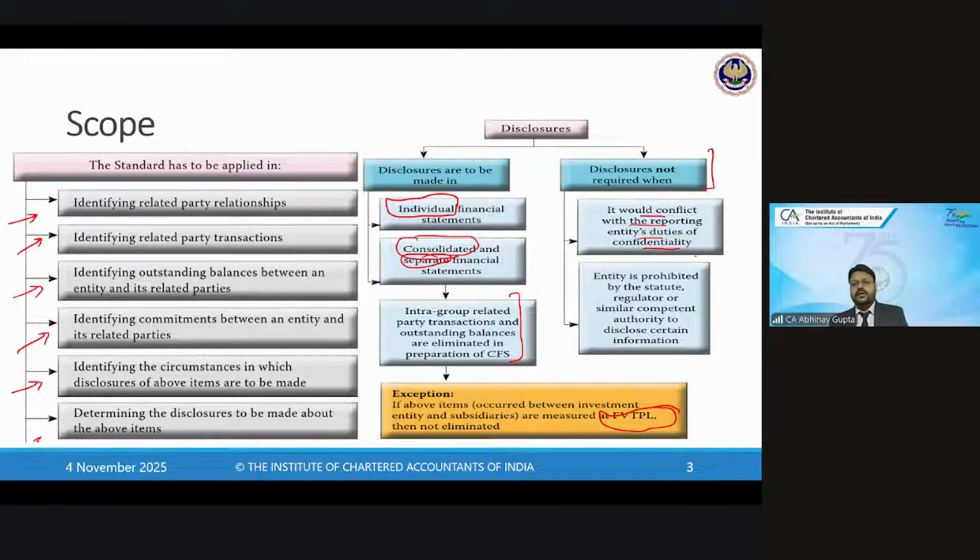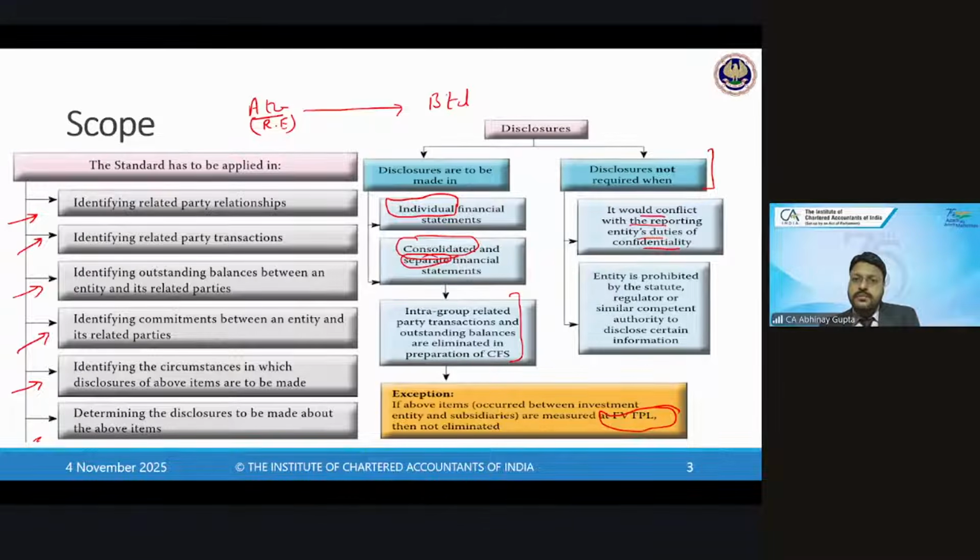For example, if there is any information related to a related party disclosed by a company A, for example, A Limited is a company, the reporting entity, which is preparing the financial statements under Ind AS, and it has a relationship with B Limited.